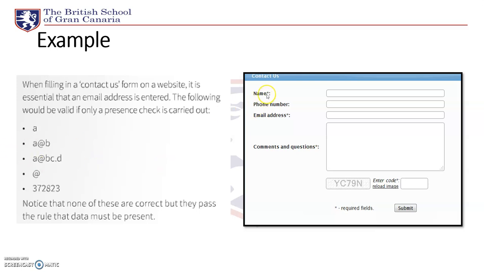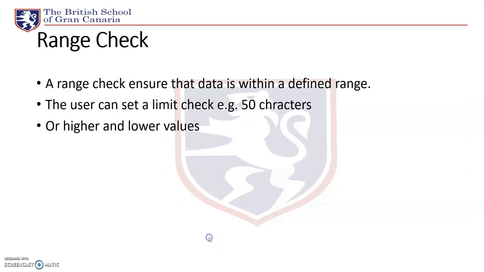The name, the email address and the comments and questions cannot be left blank. If any of those are left blank, it tends to highlight in red and tell the user to complete them, like the code here. They cannot submit the form unless those fields are completed.